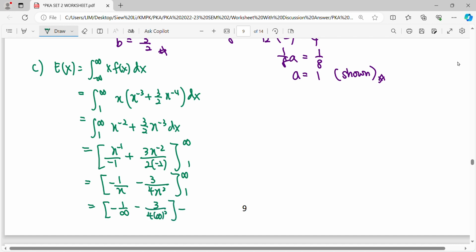Upper limit minus lower limit: 1 over infinity is 0, 3 over infinity also 0. Here negative negative positive 1, negative negative 3 over 4. So lastly 7 over 4.